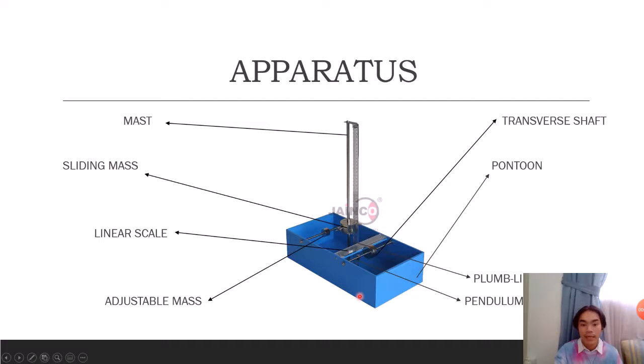We can make it heavier, or we could also make it lighter. We have the transverse shaft. We also have the pontoon, the plumb line, and the pendulum. So what is a pontoon? Basically, it is a simulation of a flat bottom boat.